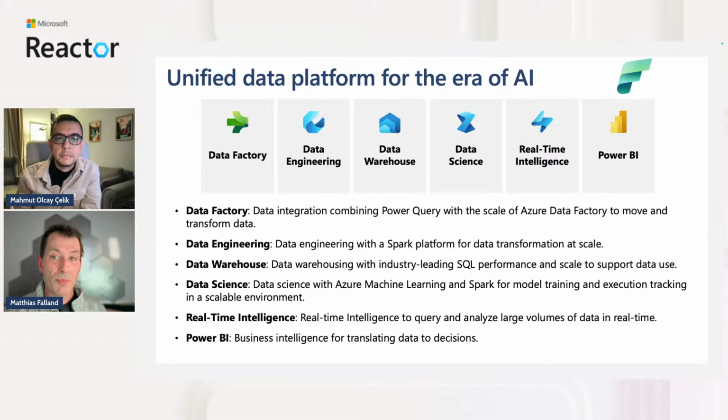Everything is included in Fabric, which I personally think is a fantastic approach. I really, really love it. You use just one capacity and you can do everything in one place. It's so great.